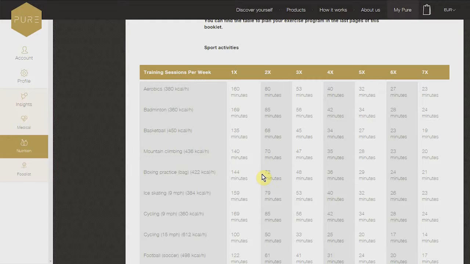So let's assume that you say, okay, I don't have time to do exercise every day of the week, which is understandable. I want to do it 3 times per week. Then you would go to this table, and then you go to the 3 times column, and then you choose the type of exercise that you want to do.